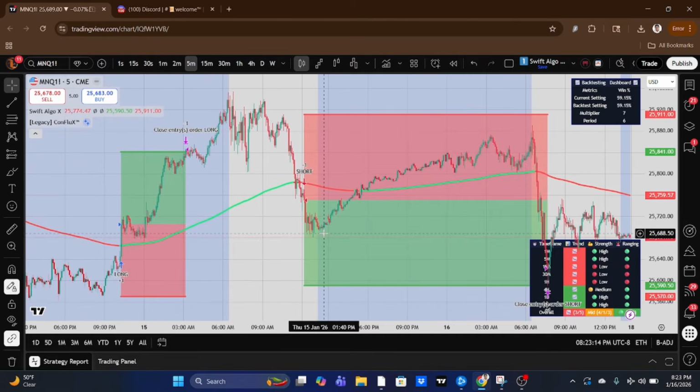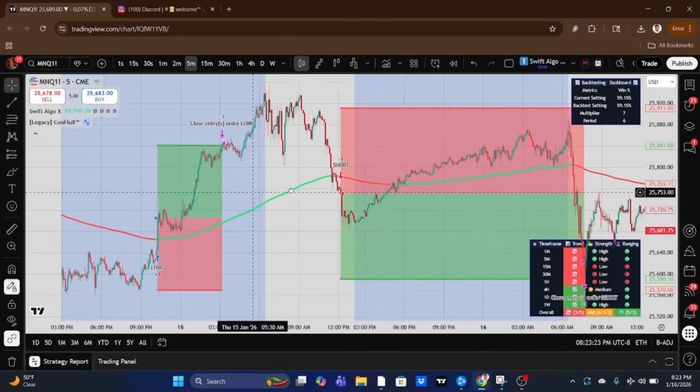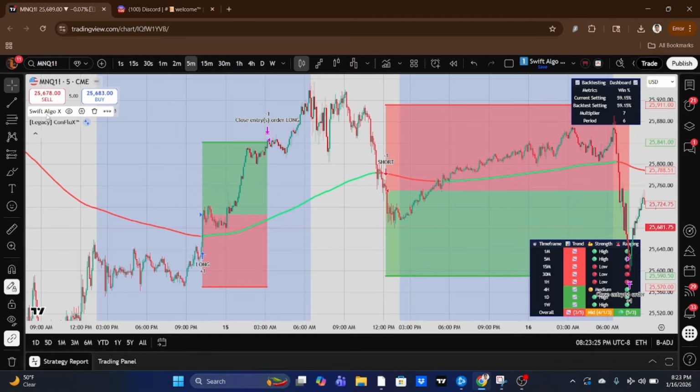So I want to actually explain to you the benefits of using the ConFlux. One of the benefits is when you're automating Swift Algo X, you have to make 4 alerts. 1 buy, 1 sell, 1 take profit, 1 stop loss. If you watch my other YouTube videos, you know what I'm talking about. And it gets really annoying because when you change something in the settings, you have to delete all 4 alerts and remake those alerts again.